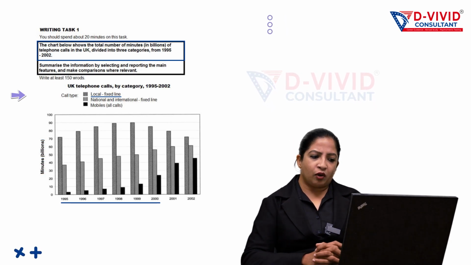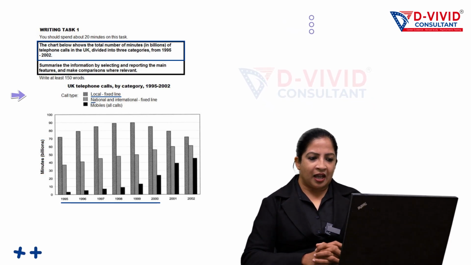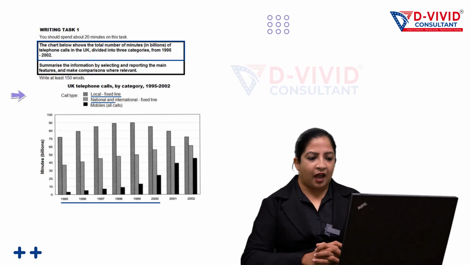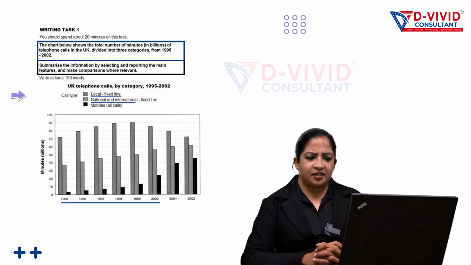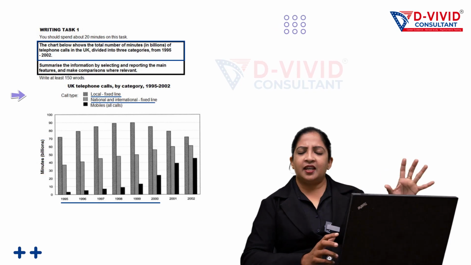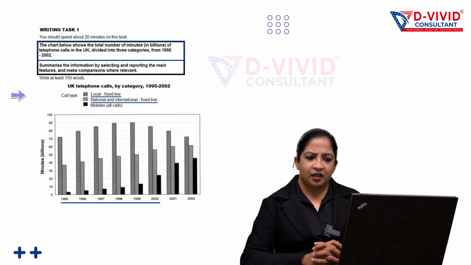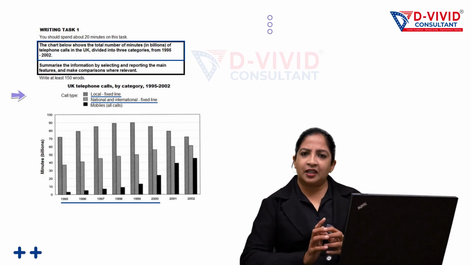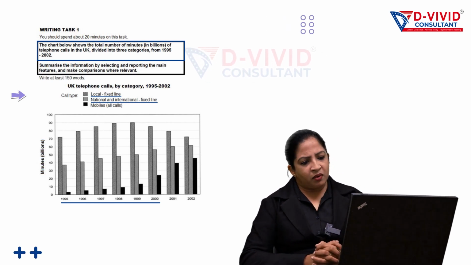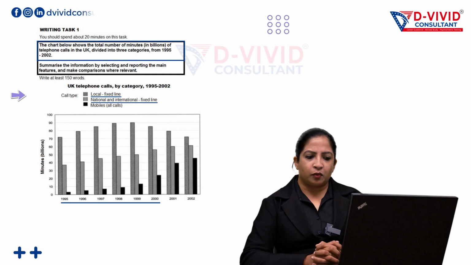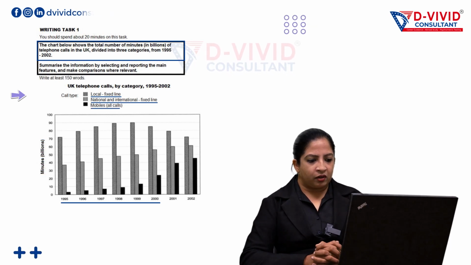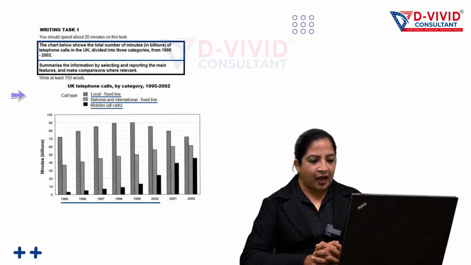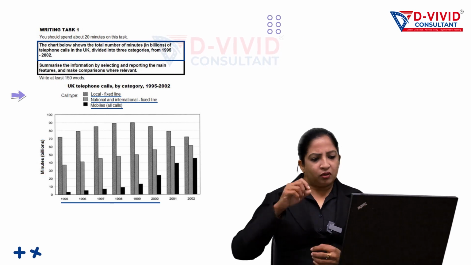The other thing that I observe is the national and international fixed line experiences an increasing trend. Don't you think it is increasing from the first year till the end? Yes. What about the black line, that is mobiles? They were very little utilized, but the growth is there.